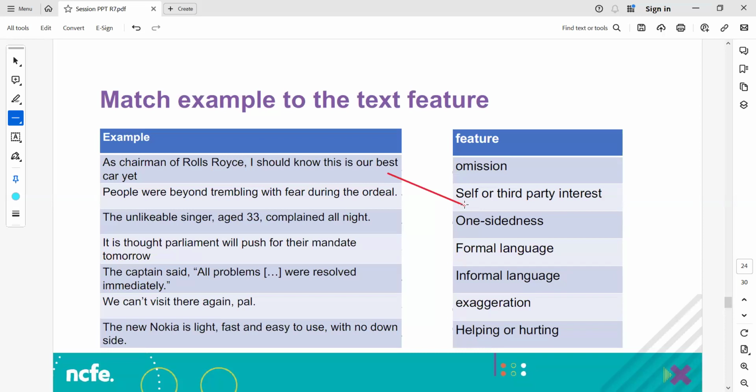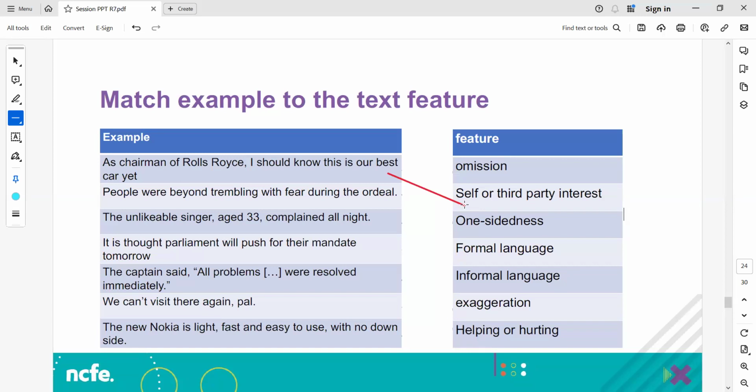So they were beyond trembling. I have a question here. The first sentence, could it also be one-sided? Yeah, it is one-sided, but a lot of these would also be described as one-sided. Yes, that's true.